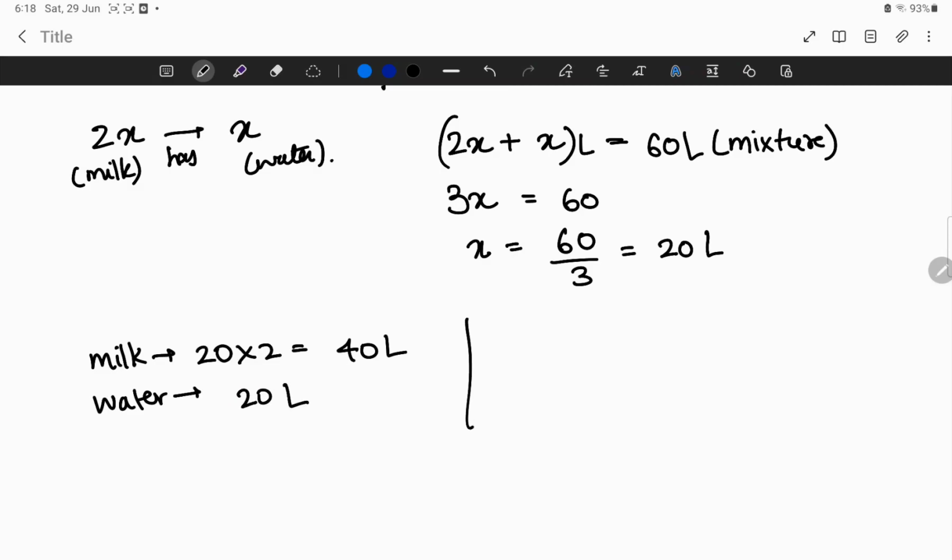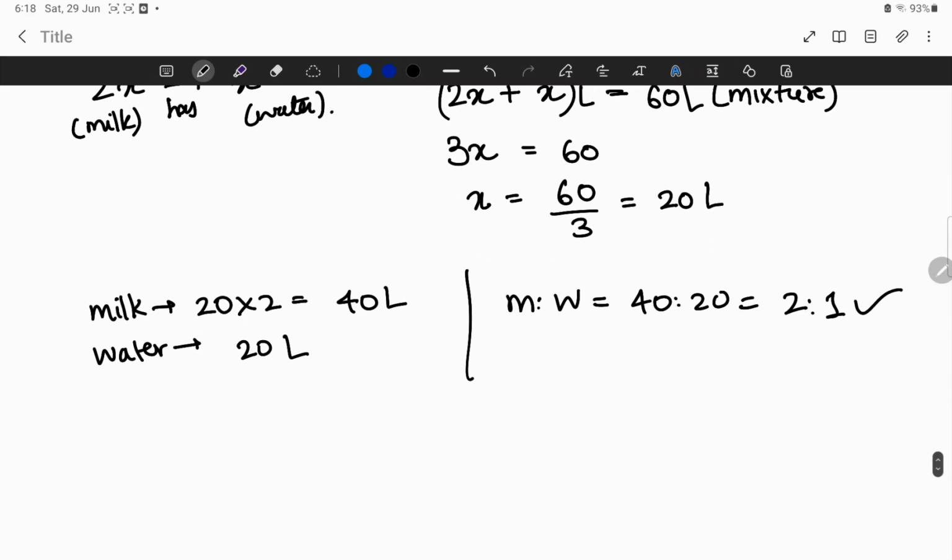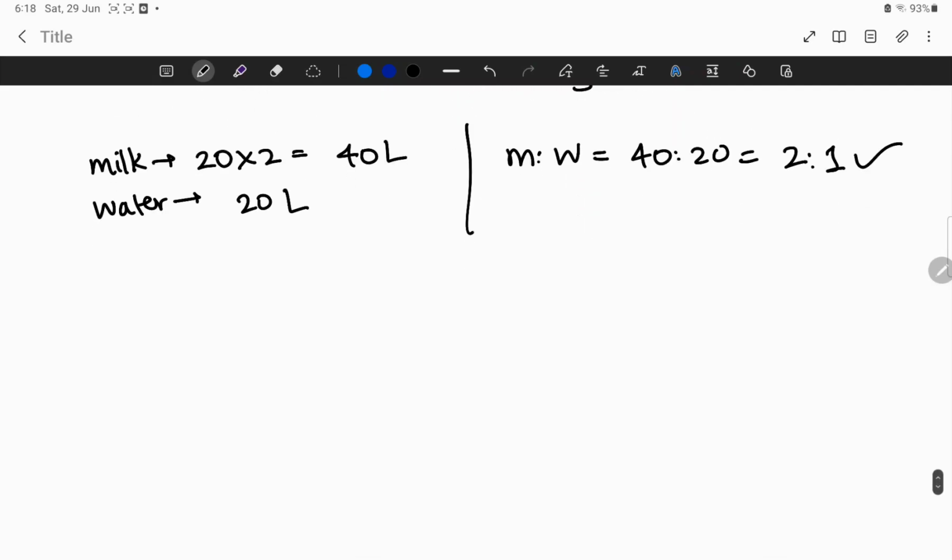You can verify the ratio: milk is to water is equal to 40 is to 20, and like we learned before, we divide both numbers by the same number to keep the ratio the same. We divide both by 20 and we get 2 is to 1. So that is verified. Now we are adding water such that your ratio will turn to 1 is to 2.